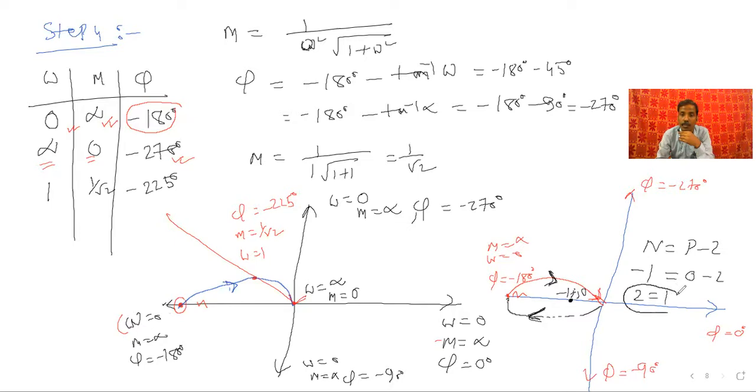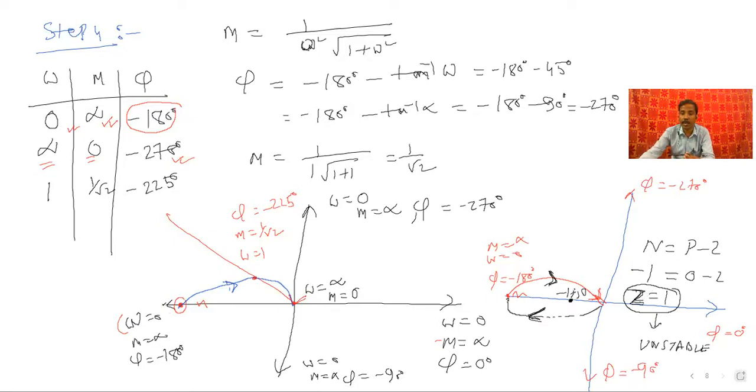So closed loop system unstable because Z has some value, and open loop system stable.